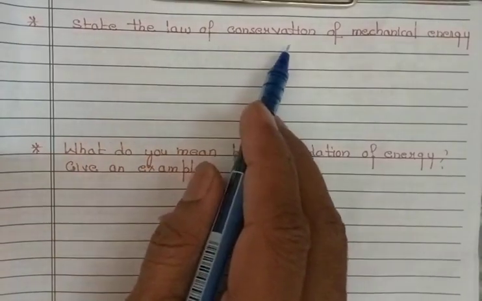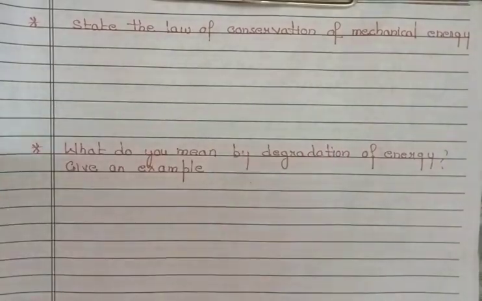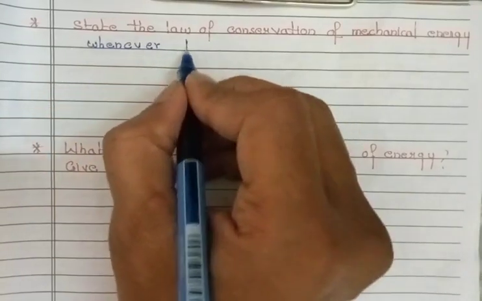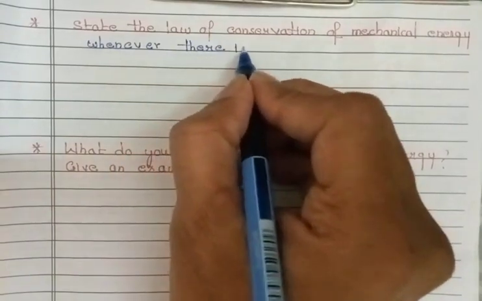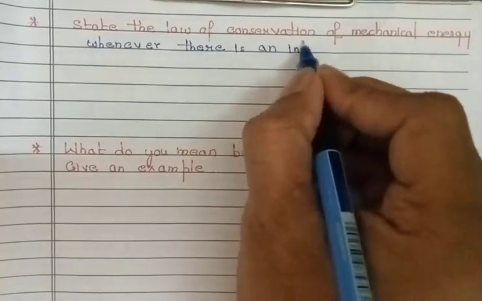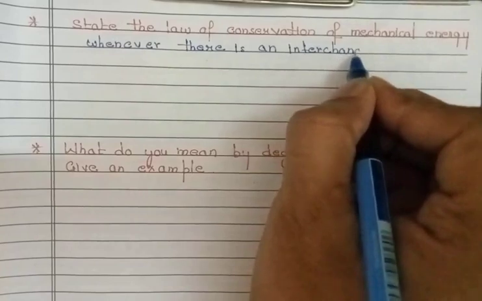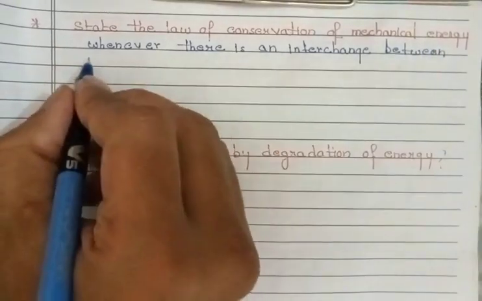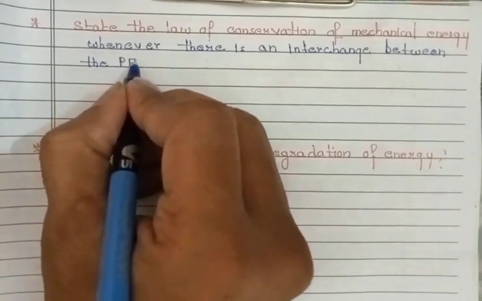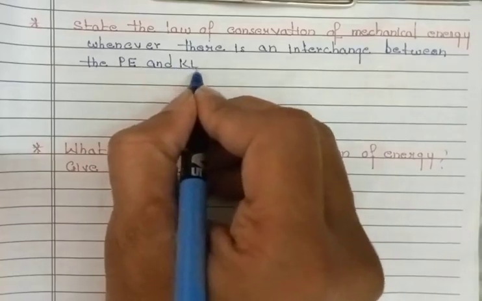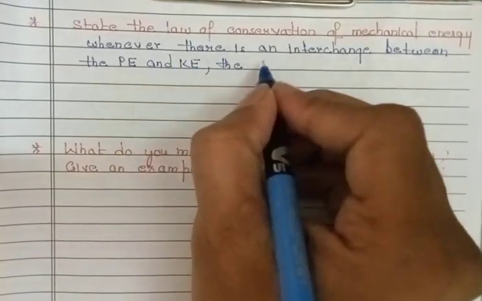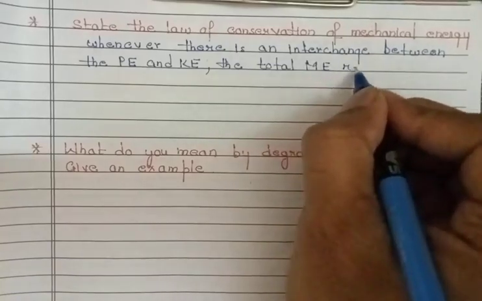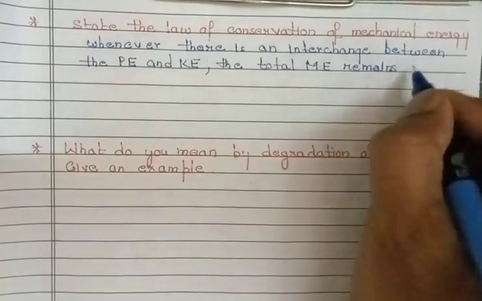State the law of conservation of mechanical energy. Whenever there is an interchange between the potential energy and kinetic energy, the total mechanical energy remains constant.